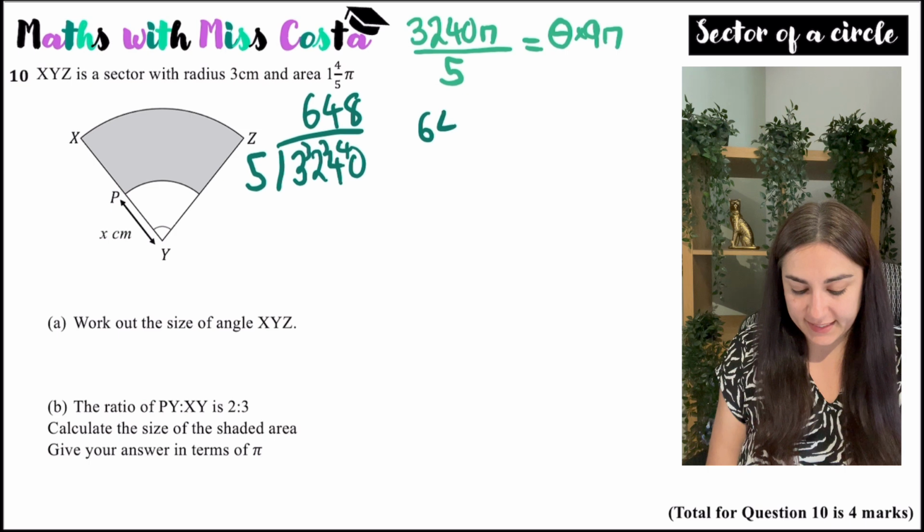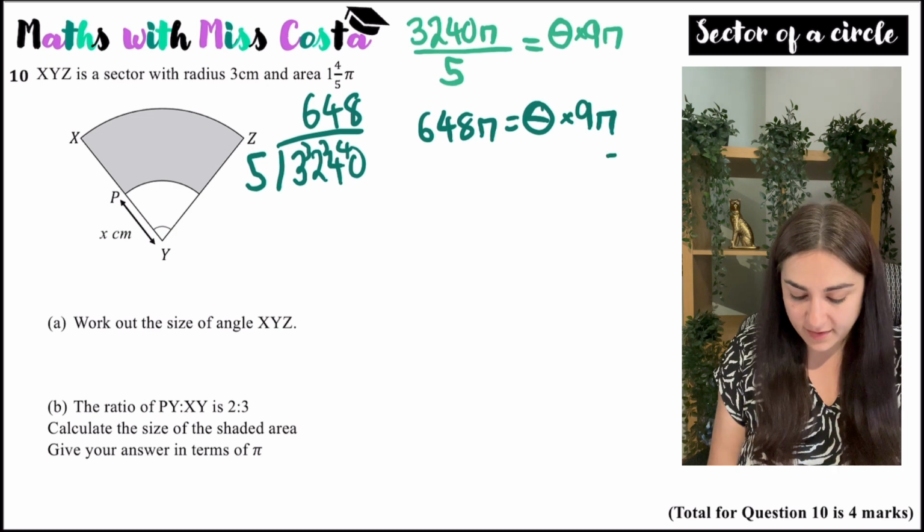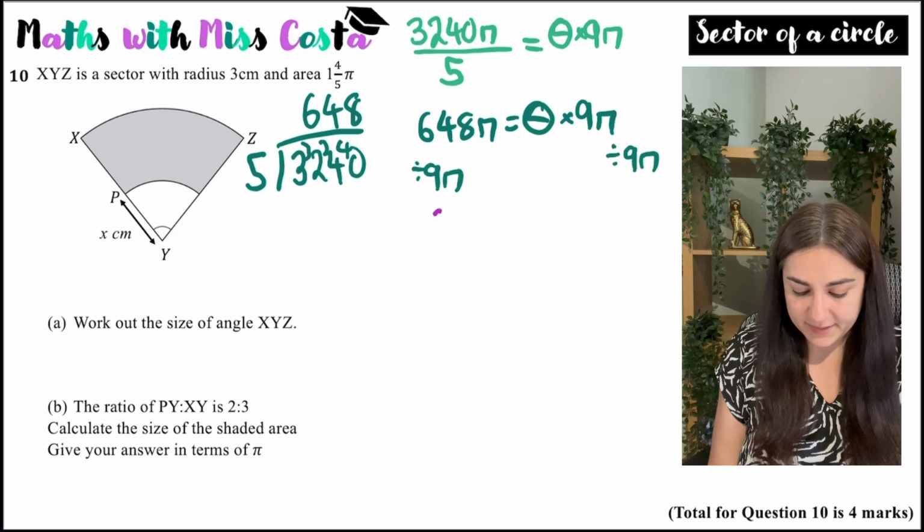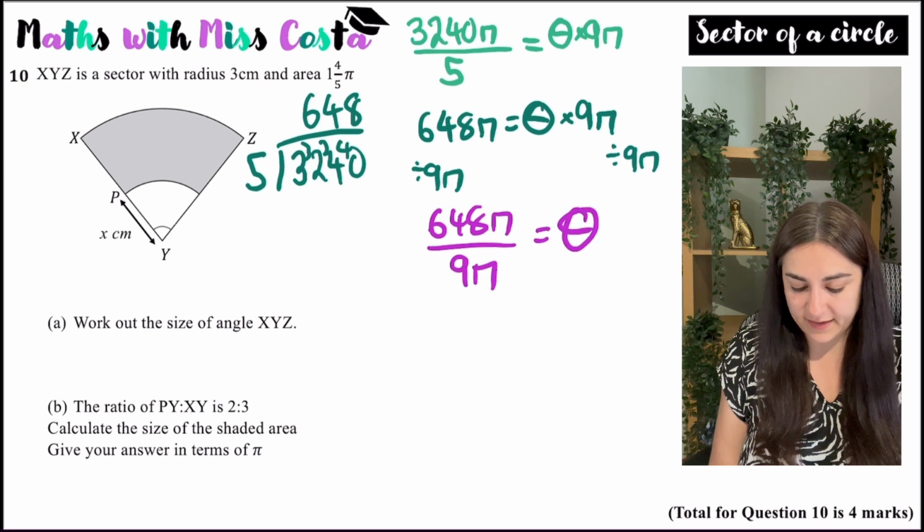So I'm left with 648 pi equals theta times 9 pi. What could I do to find out theta? I can divide both sides by 9 pi. So 648 pi divided by 9 pi equals theta.